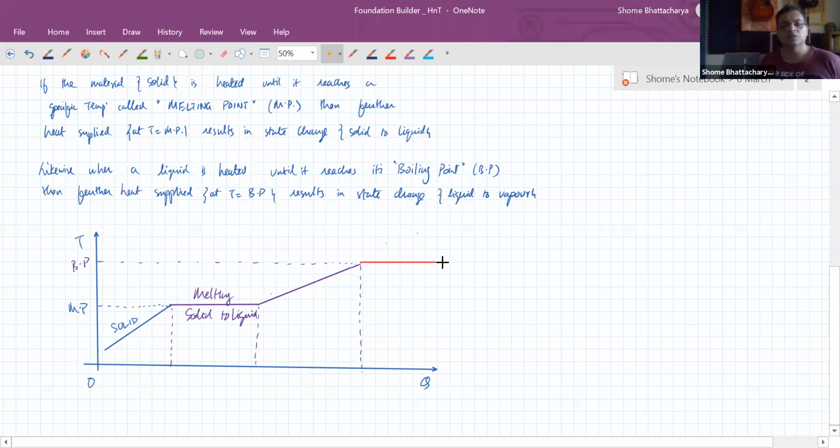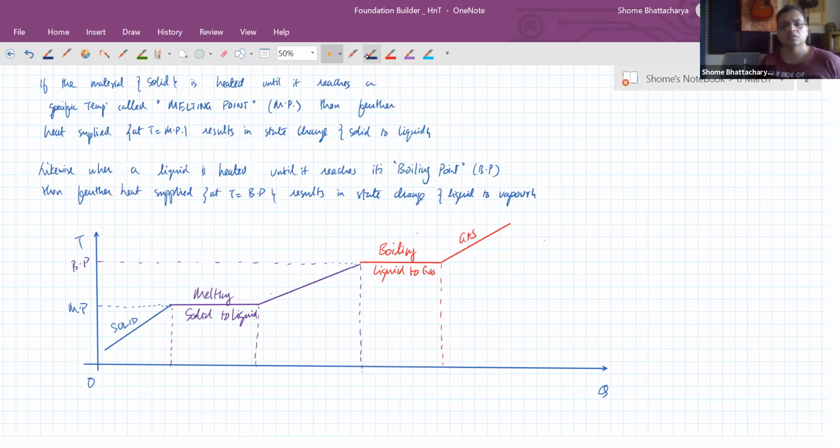And finally, when all the liquid is converted to gas, then further the gas's temperature will increase again. So once this boiling process is completed, we are in the gaseous phase. Before that, the material was in liquid phase.